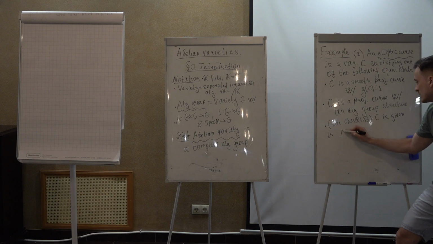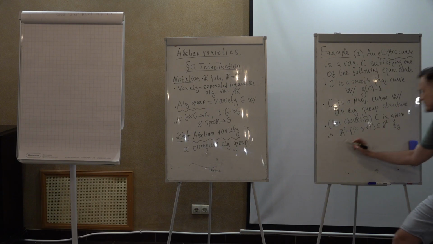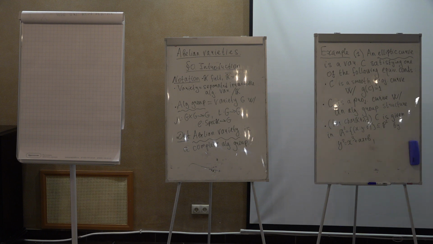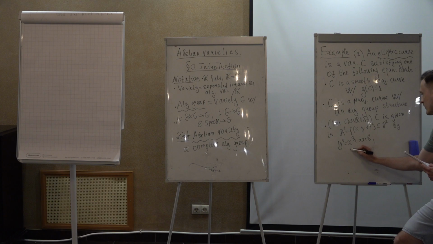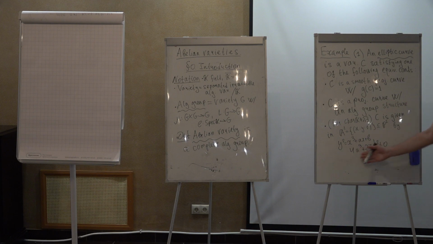So in A2, we choose coordinates to have infinity at z equals 0, so (x, y, 1) inside P2, by an equation of the form y squared equals x cubed plus ax plus b. And we need to have 4a cubed plus 27b squared not equal to 0. Maybe somebody can tell me what this condition means.